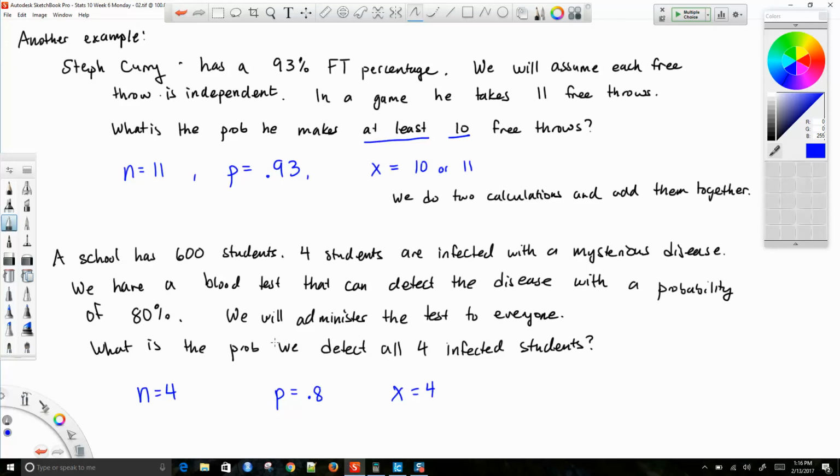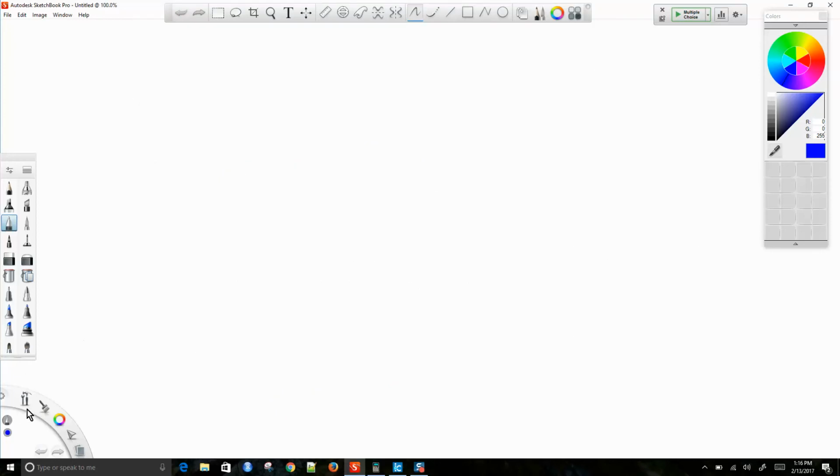So these are all binomial situations, okay? In all of these, the order does not matter. If I had phrased something, instead of what's the probability he makes at least 10 free throws, if I said, what's the probability Steph Curry makes the first 10 free throws and misses the last one, then that's no longer binomial, because in that case, the order does matter. So let me just kind of contrast this.